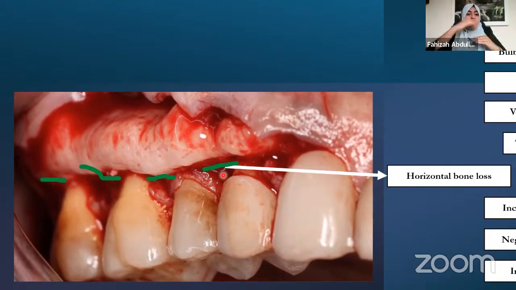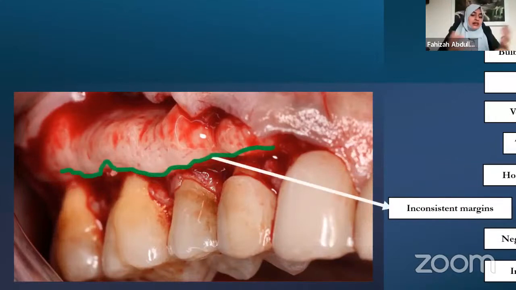So it is always better to have the positive architecture. It should go along the scalloping, so your interdental bone should always be above the buccal bone. When you lose that, that becomes your horizontal bone loss.